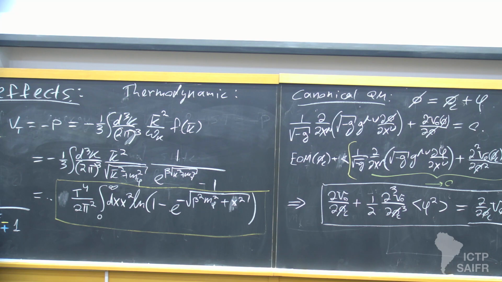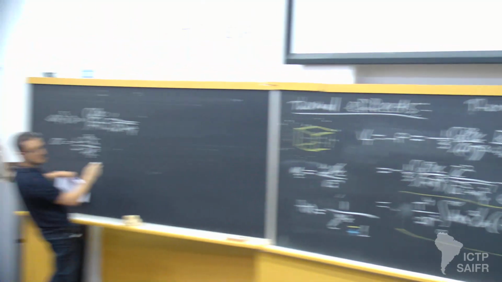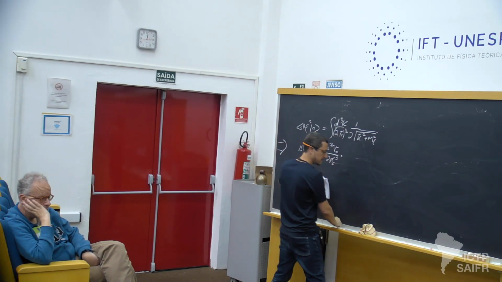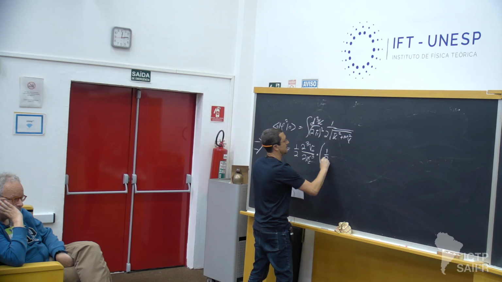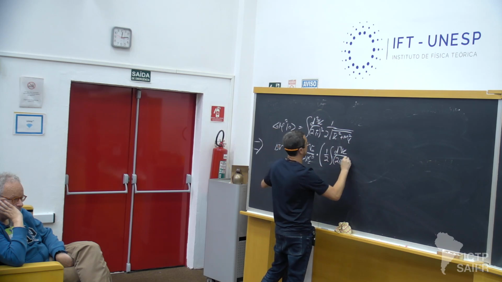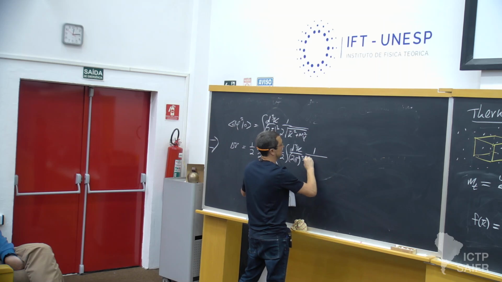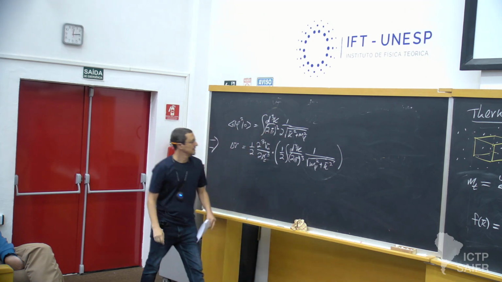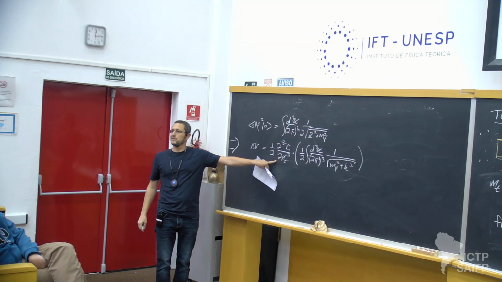So my delta V is a half d3 V0 by d phi c cubed times that. What is the third derivative of V?